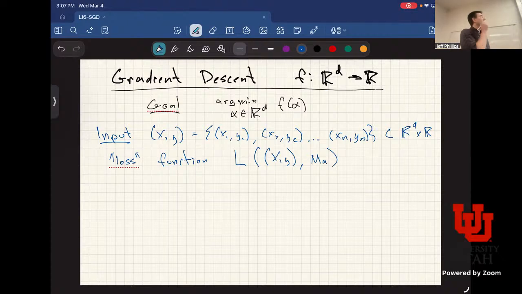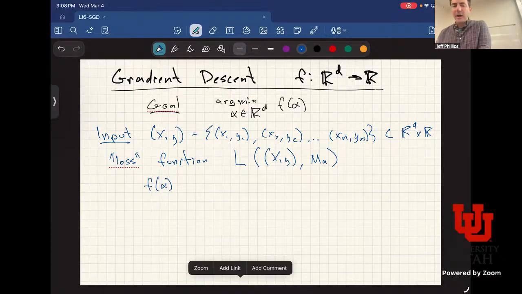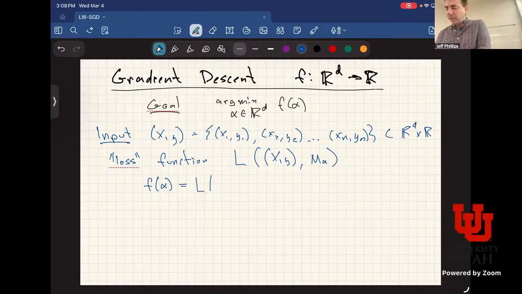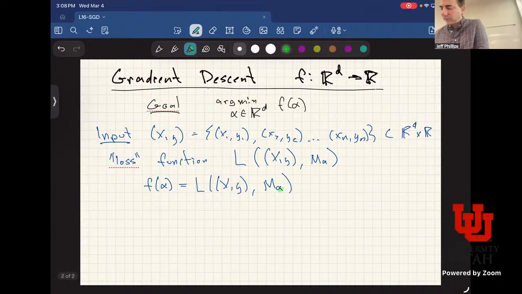What we want to do is set this equal to our f of alpha, where we're going to isolate these parameters alpha in the function. It's this loss function that takes this in, but we're going to isolate this alpha as what we're optimizing over.